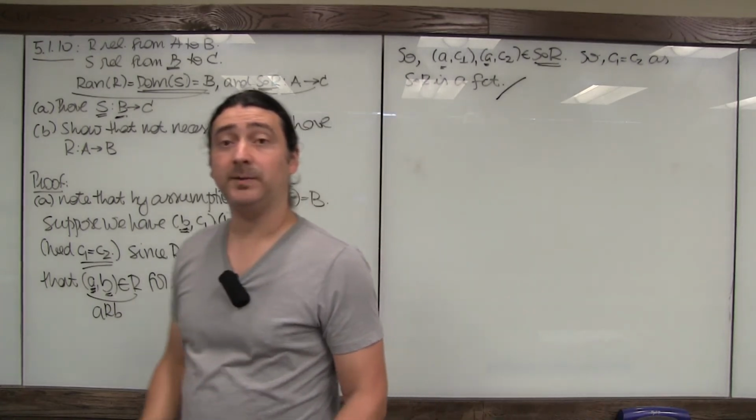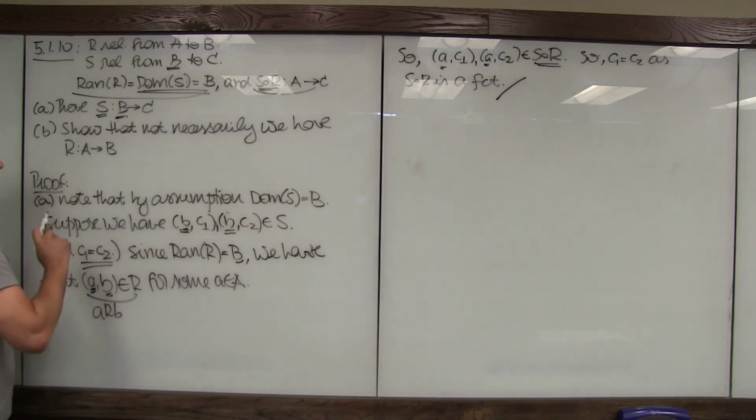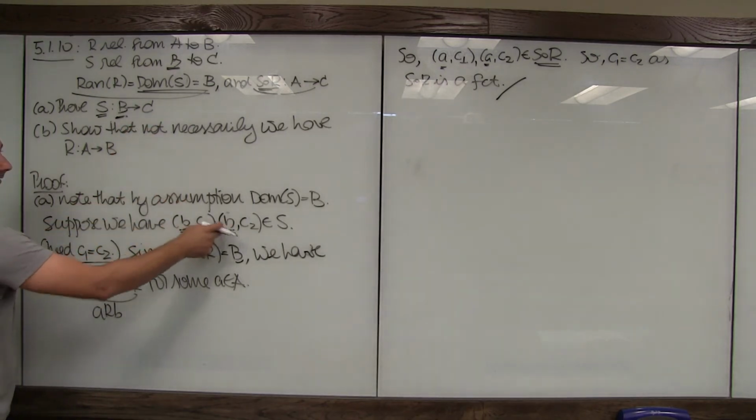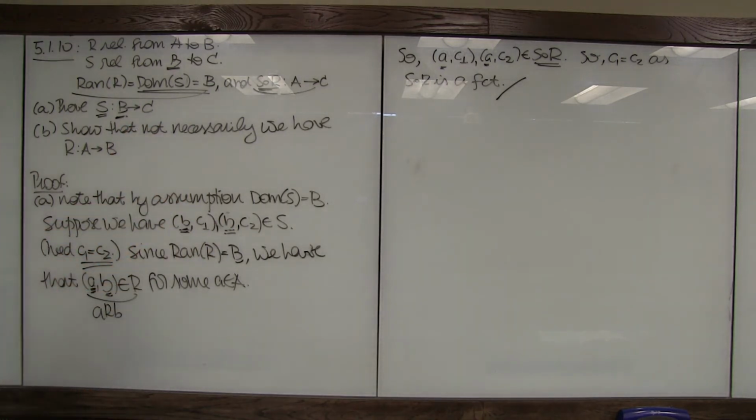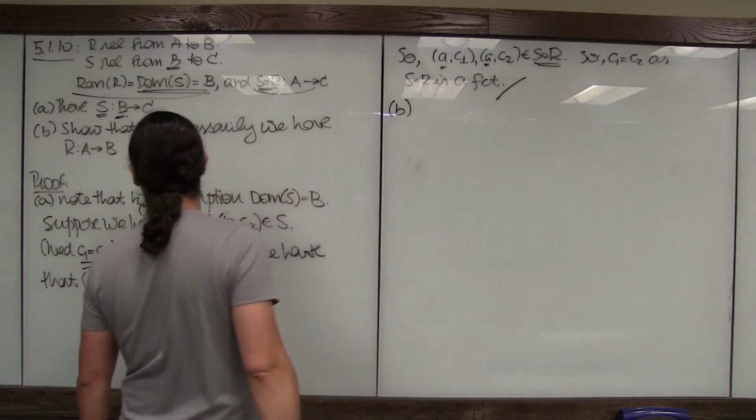Okay, so that would be part A. We show the last thing for a function. We show the domain and then only one element related with anything in the domain.